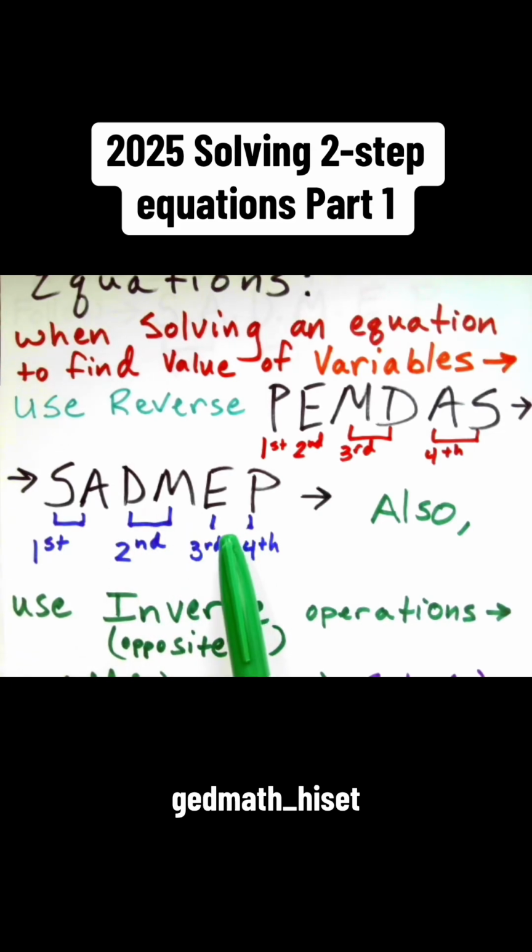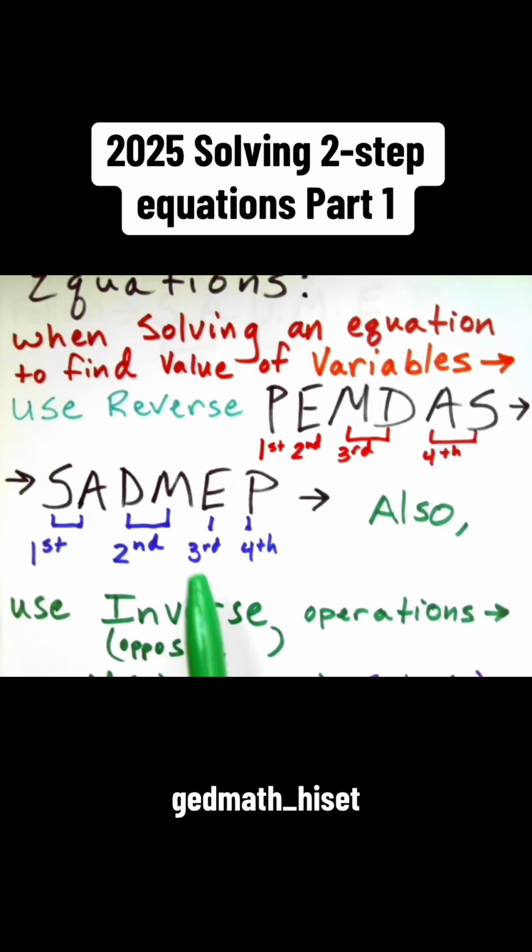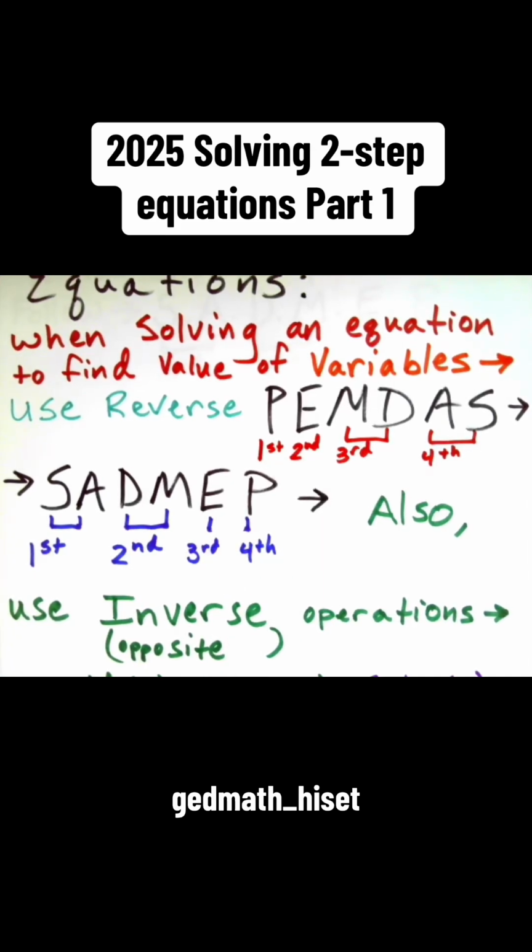And then finally, you would work on the exponents and then parentheses. So when you're solving for X or Y or Z in these one or two step equations, this will help remind you what to do first. First, we do the opposite of adding and subtracting, and then multiplying and dividing, and then you work on those exponents.